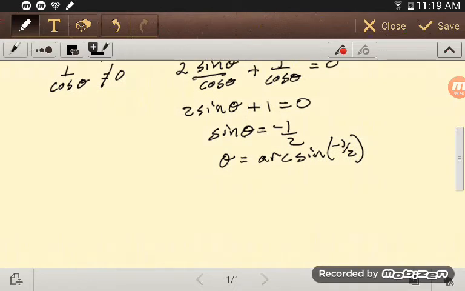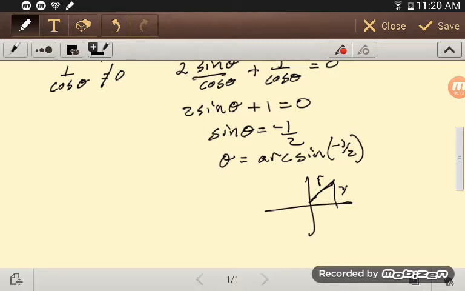Okay, so if I think of my reference angles in the unit circle and so forth, right? So sine is my y value here over the radius of the circle.